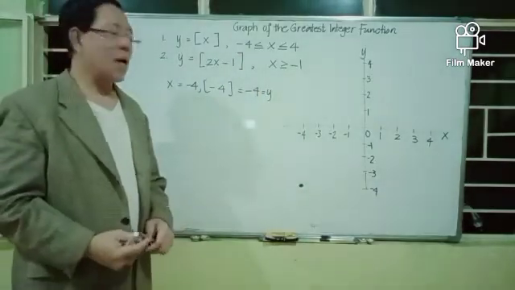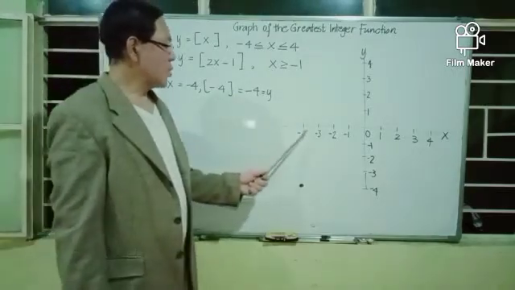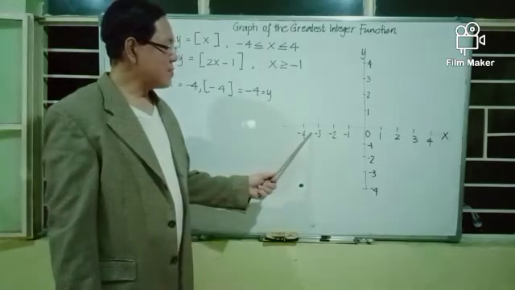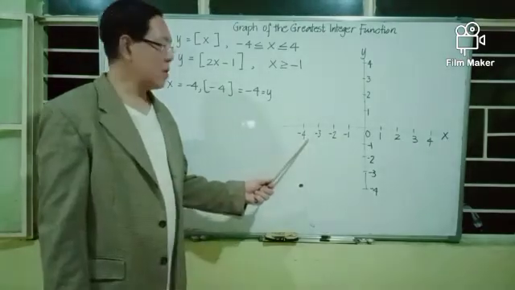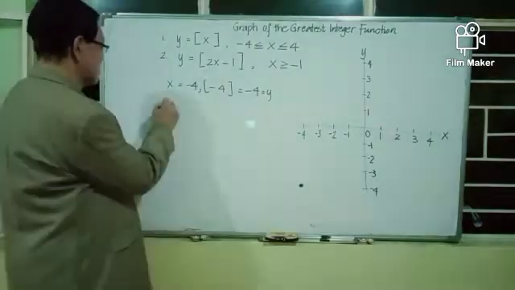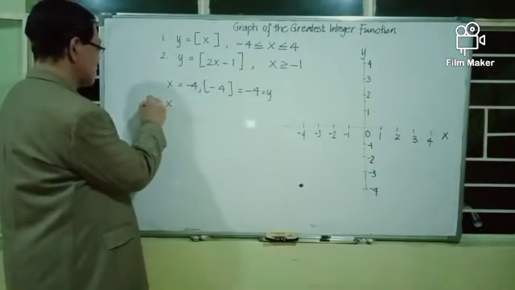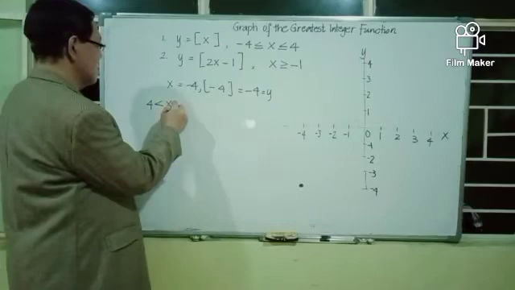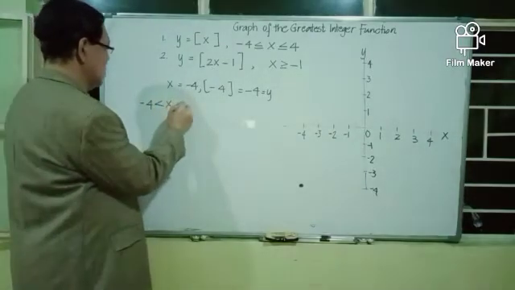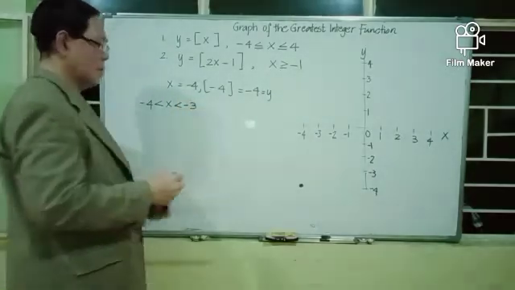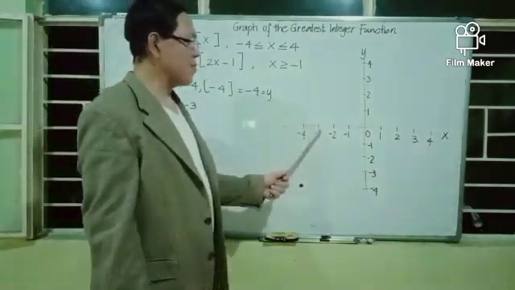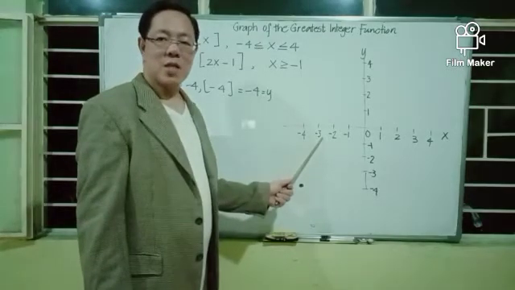Now we consider values of x that are greater than negative 4 but less than negative 3. That is, we are considering the open interval negative 4, negative 3.